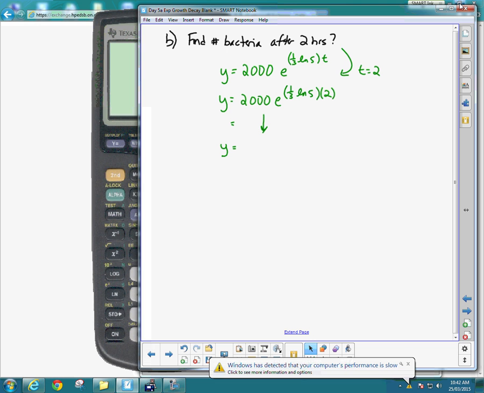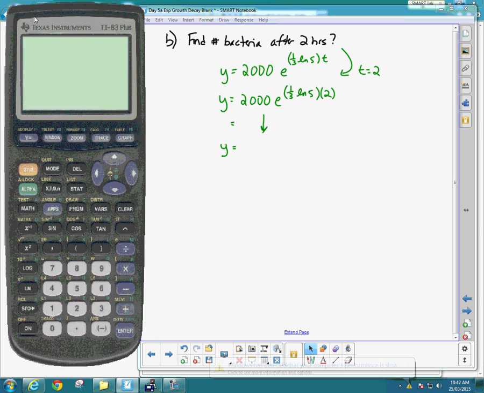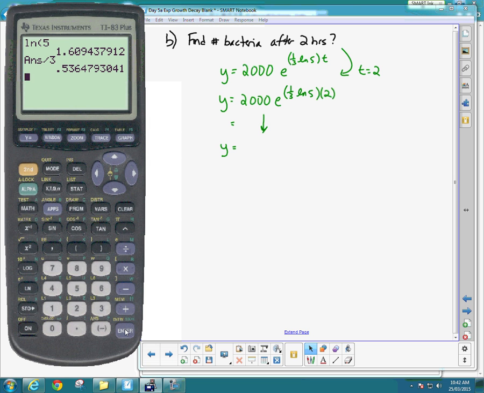I'll show you how I do it on the graphing calculator. It may be a little bit different on your calculator, but it'll at least give you an idea. Like I said, I'm going to work from the inside, so I'm going to do ln 5 first. Ln 5. Get an answer. Then I'm going to multiply it by 1/3, or the same as divide by 3. Then I'm going to multiply it by the 2. There's my big exponent. So that's all of this.